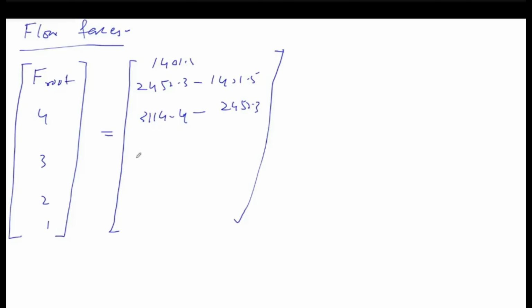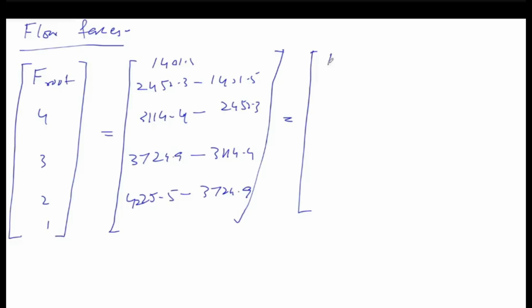Okay. And also 3724.9 minus 3114.4, and then 4225.5 minus 3724.9. So once you subtract these, you will get the floor forces.